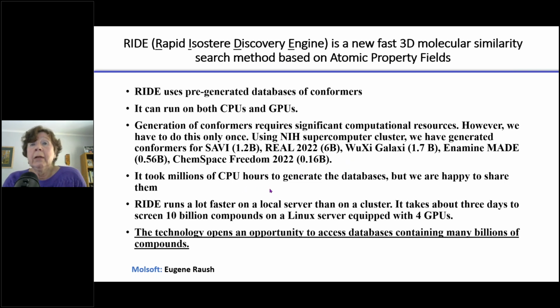So in total, currently, the conformer database is about 10 billion compounds, and it can be downloaded from the MolSoft server. Although you can also write to me and I'll provide you with the link. But keep in mind the size, which is 5 terabytes for real, 1 terabyte for SAVI, and 2.6 terabytes for Wuxi.